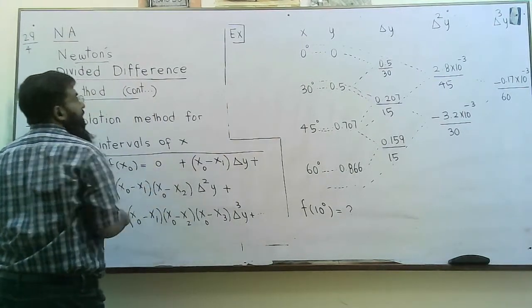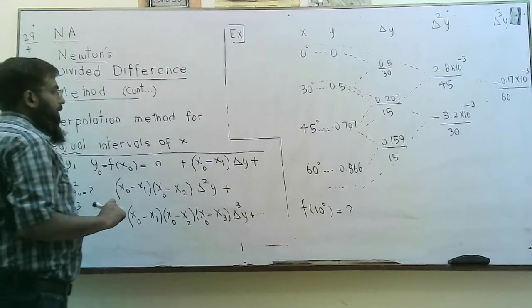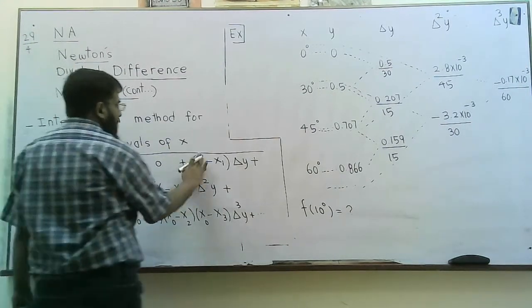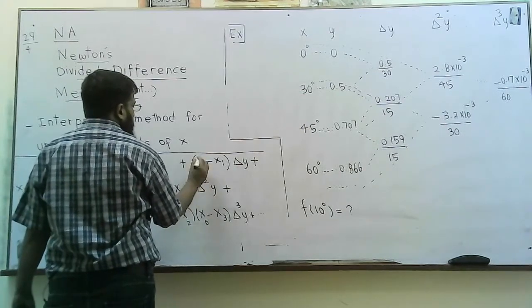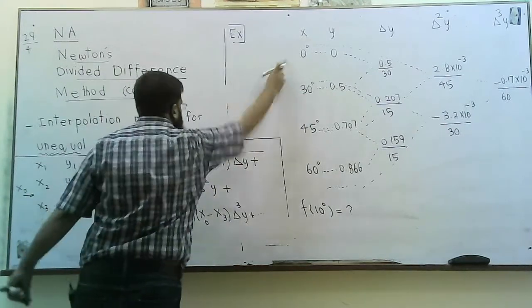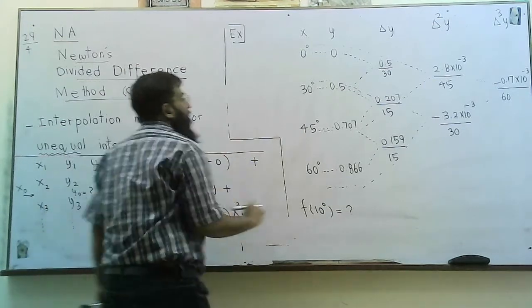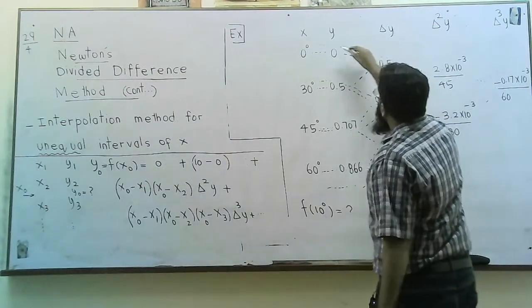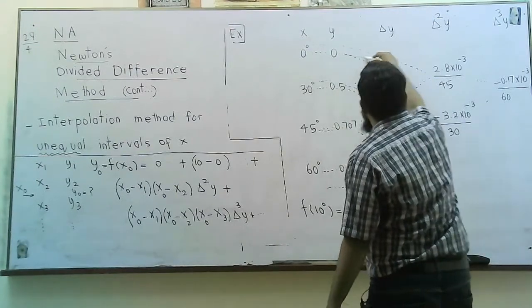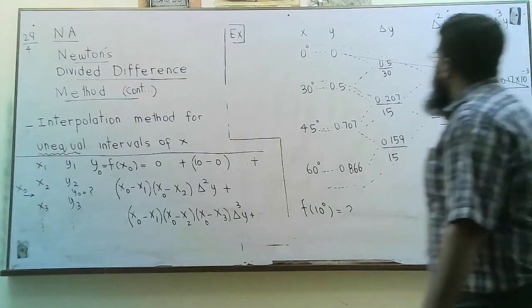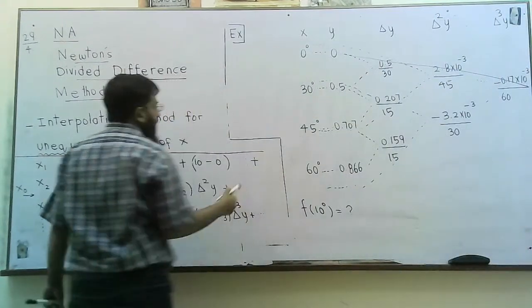Then x0 minus x1, where x0 is 10 minus the first value x1, which is 0, times del y. Again we'll move along the diagonal to find del y, del squared y and del cube y.